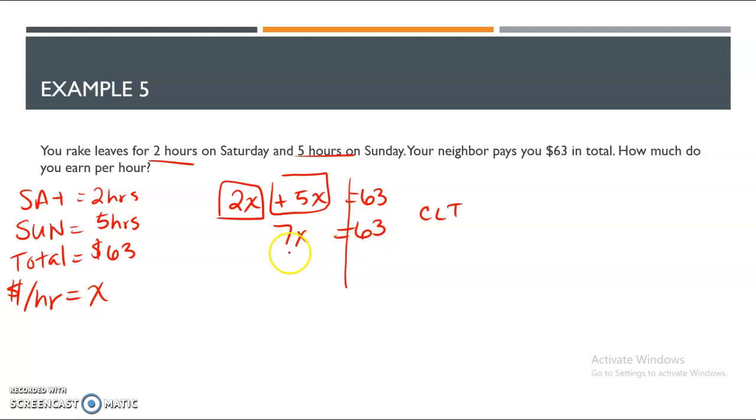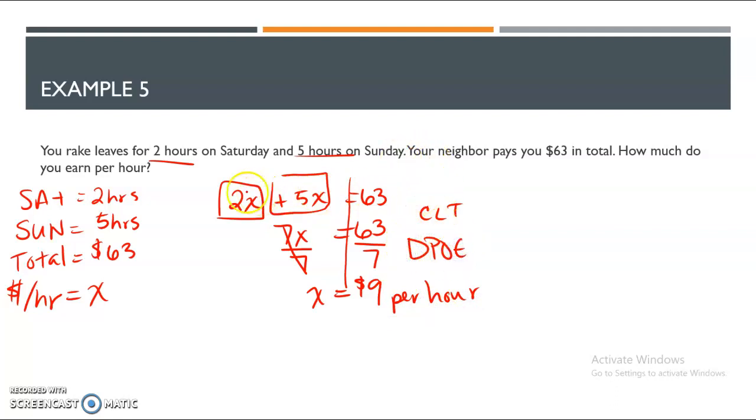And then what we're going to do next is we're going to divide, because I want to make this 1. And so the opposite of multiplying is to divide. We're going to divide by 7. So we're going to get 1x equals 63 divided by 7 is 9. So we earn $9 per hour. And so we used the division property of equality.